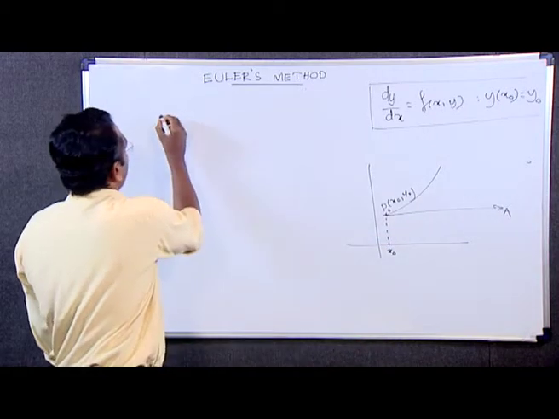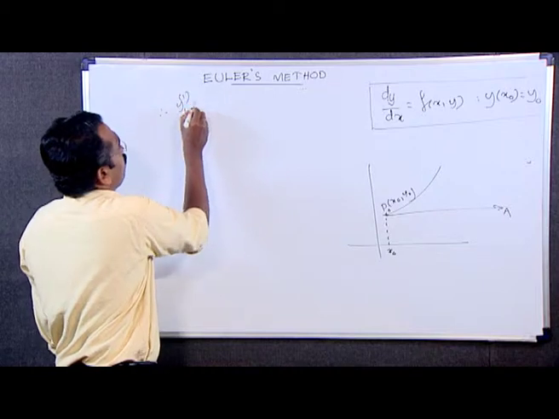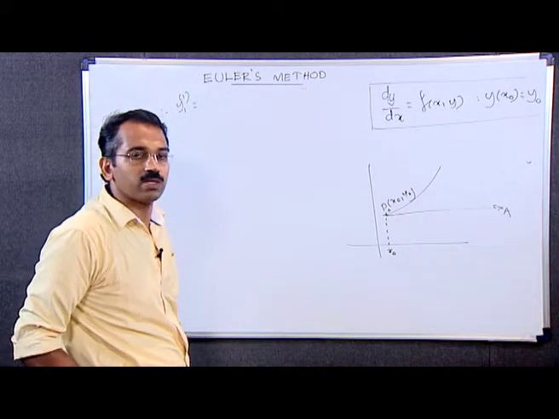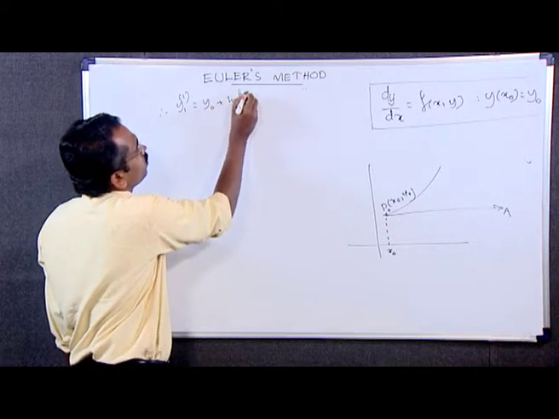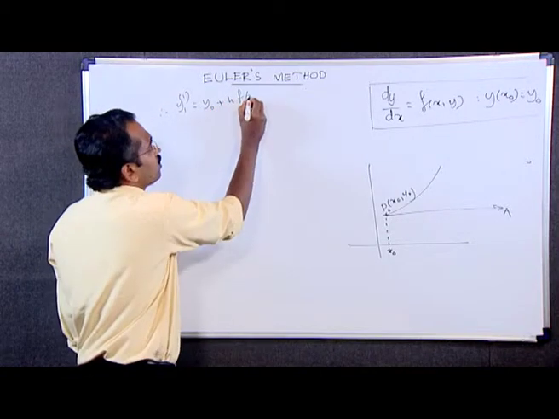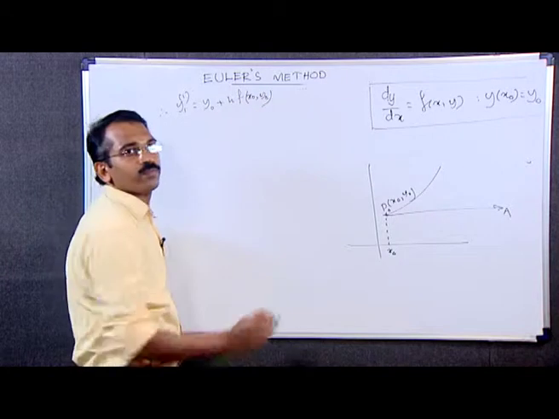Therefore, we can write y1(1), the first approximation of y1, which is equal to y0 plus h into f of x0, y0.